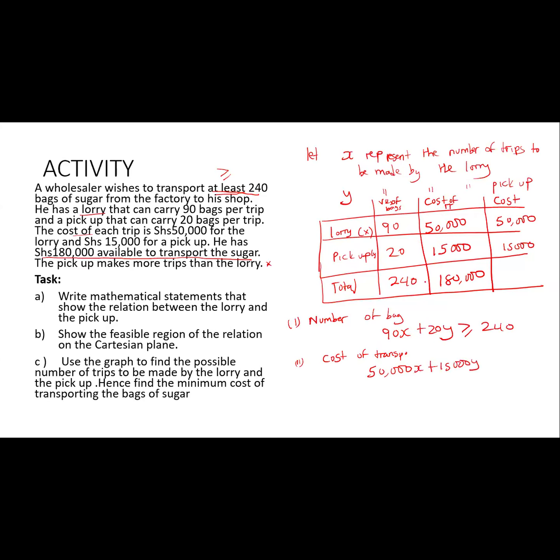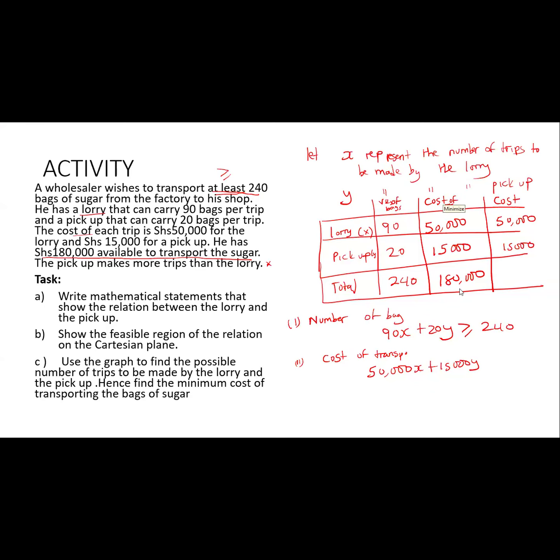But they told us this person has 180,000. Yesterday we learned about it. I want to see in the chat whether people are remembering. Which inequality are we going to use? He has... Okay, very good.